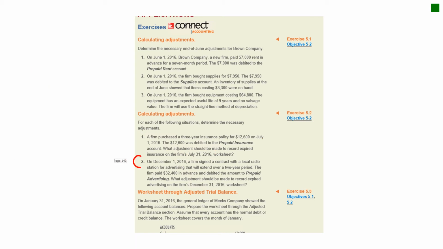On number 2, this one's going to be for some advertising. Notice the date on December 1st. They signed a contract. It looks like it's a 2-year period. They paid $32,400. Okay, and they want the adjustment at the end of the month. They put everything into a prepaid advertising account. Because it's a 2-year period, you could just divide that by 24 months, and that would give you $1,350 per month.